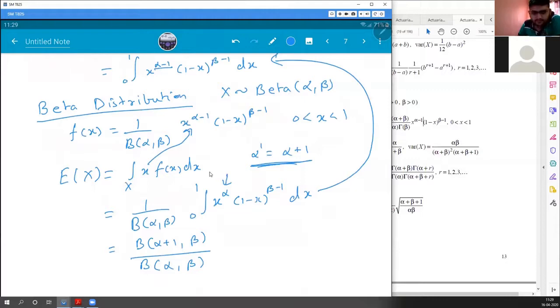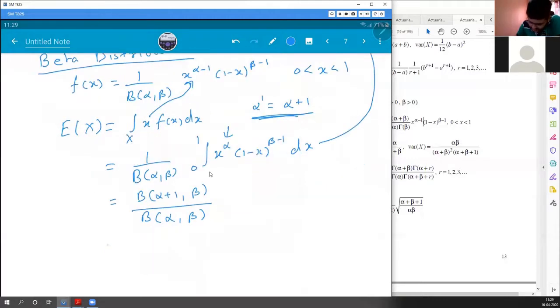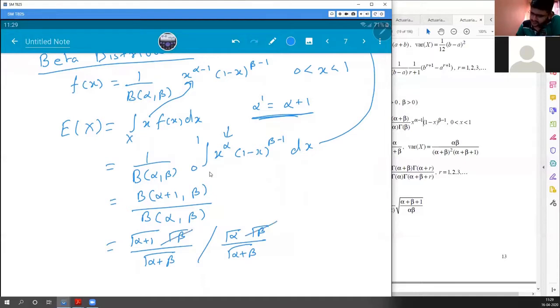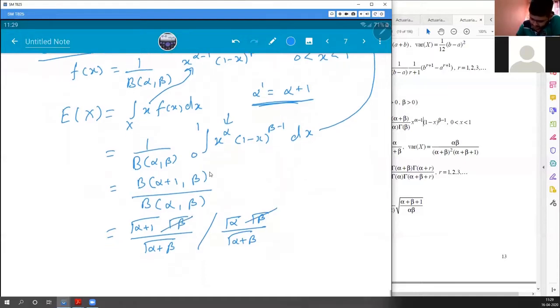Now we'll convert both of them into gamma functions. Our gamma beta cancels out. Then we'll use our gamma function, we'll say this is gamma alpha.